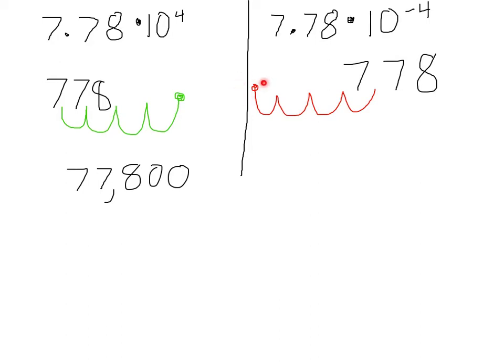Our decimal will end here, and we would add 3 zeros as placeholders. Our final solution would be 778 millionths. You see that although these two problems look very similar, the exponents make the solution very different.